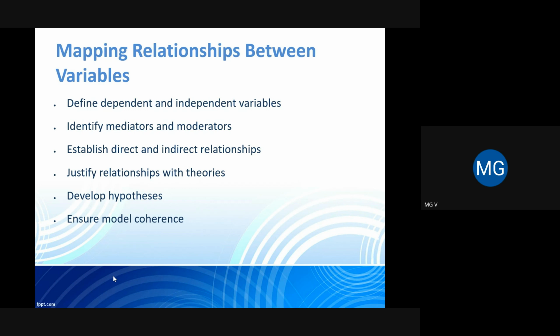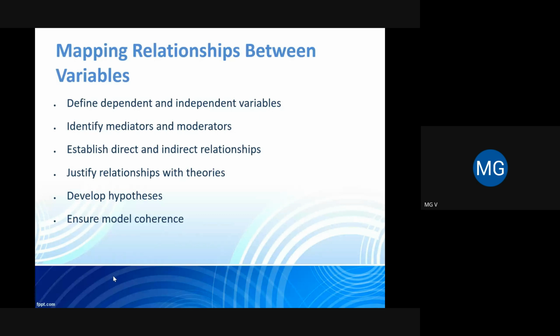Then we have learned about mapping relationships between variables, where we have defined dependent and independent variables in terms of mapping, identifying mediators and moderators. Again, I'll repeat, mediators explain how an independent variable affects a dependent variable, whereas moderators influence the strength of relationship.